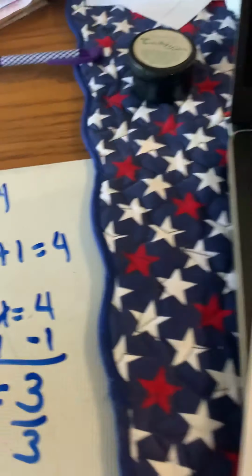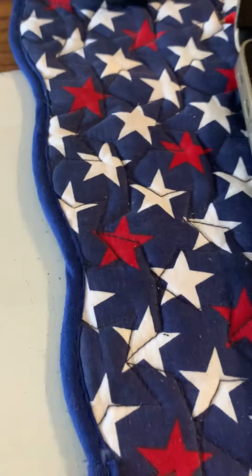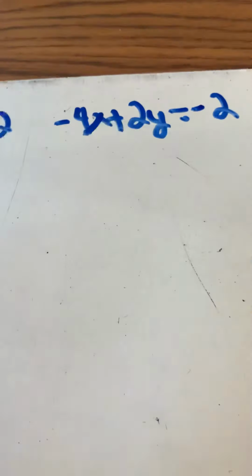For the next one, we have x plus y equals 2. I'm going to write that down. I'm going to erase the last one. x plus y equals 2, and negative 4x plus 2y equals negative 2.